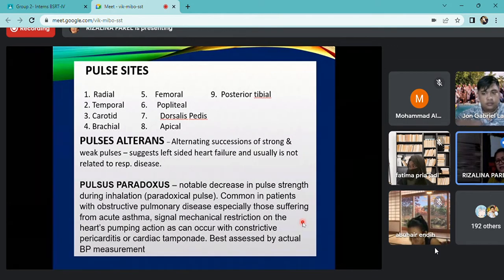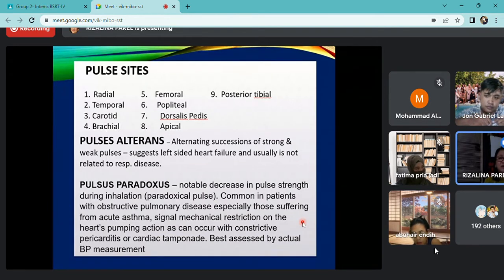The bell of the stethoscope placed doon sa apex o doon sa dulo ng heart. Okay? Doon sa pinaka patusok ng heart. This is your apical pulse or the point of maximum impulse. Your apical PMI is located at the fifth, kailan yan?